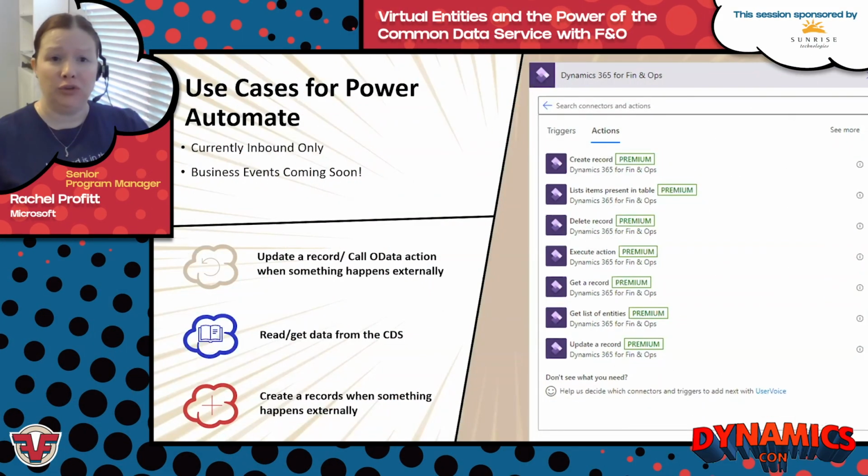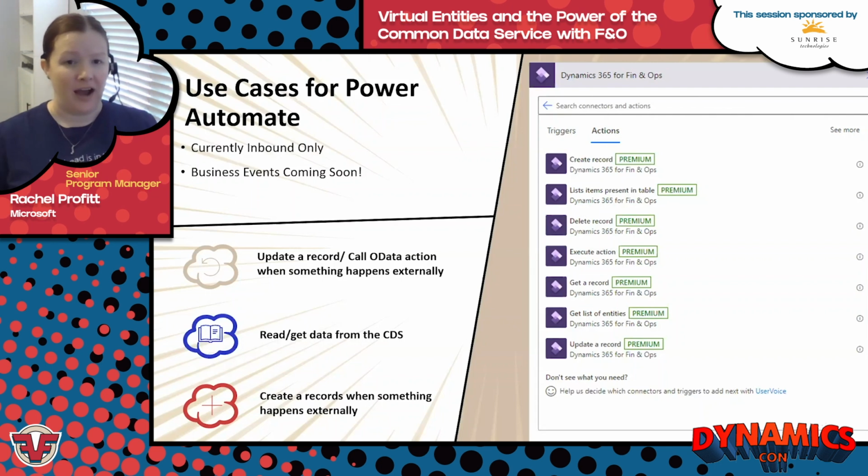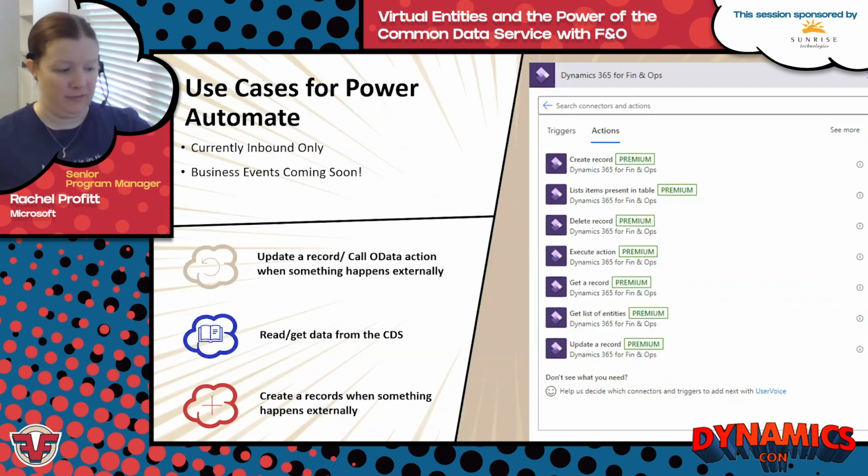So you can use Power Automate to update a record or call an OData action when something happens externally. So for example, if I have a system that sits outside of finance and operations, whether that be some sort of retail system or a project contract system or a manufacturing execution or quality system as an example, I could use those as my trigger.